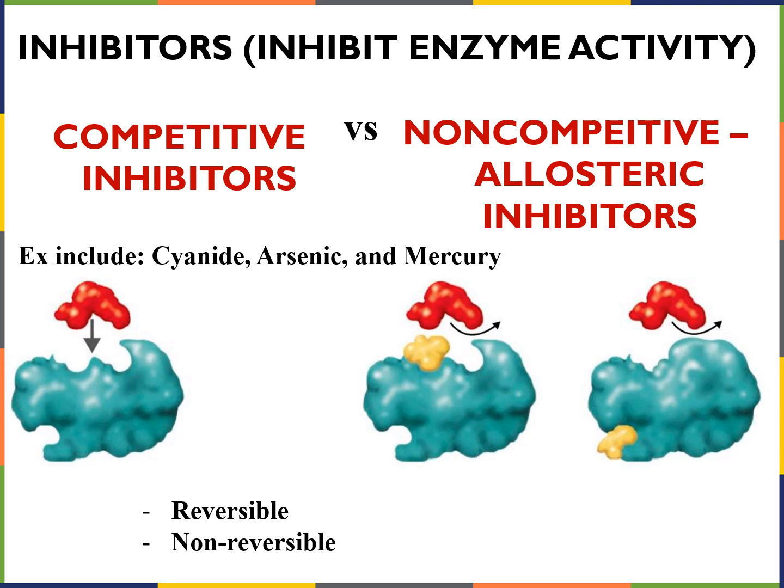So it is called non-competitive inhibition because the substrate and that yellow molecule are not competing for the same binding site. Okay, so these are two mechanisms that are used to inhibit or stop enzyme activity. We have competitive inhibition versus non-competitive allosteric inhibition.